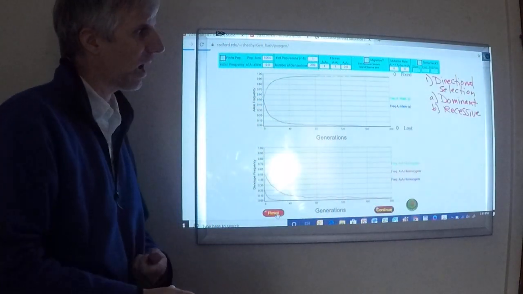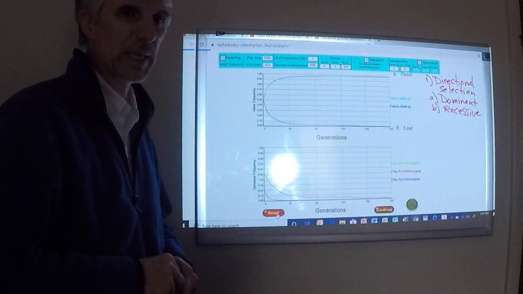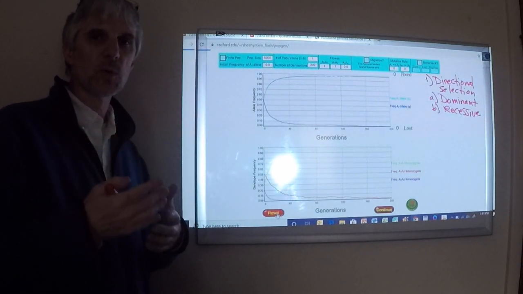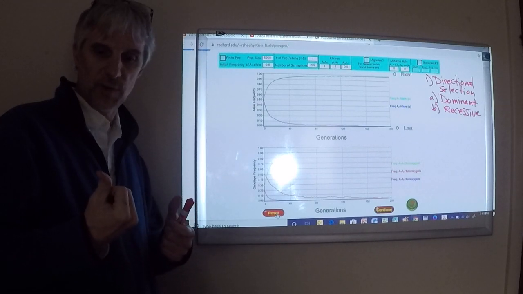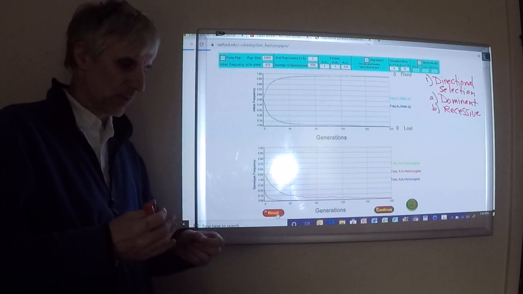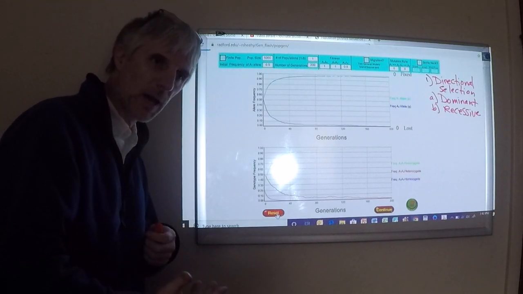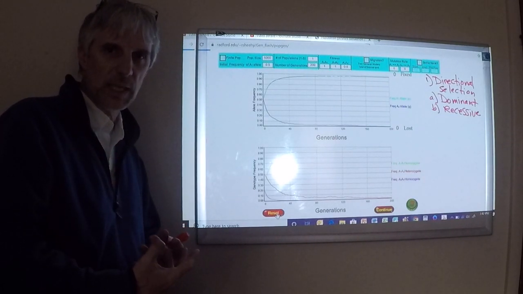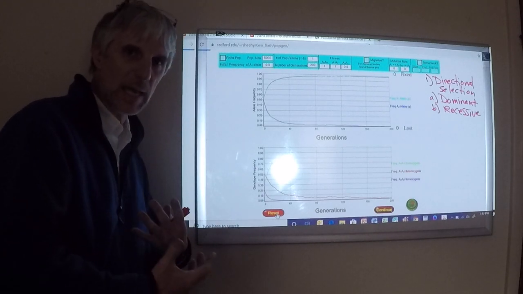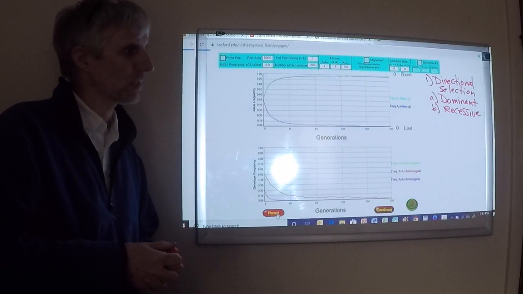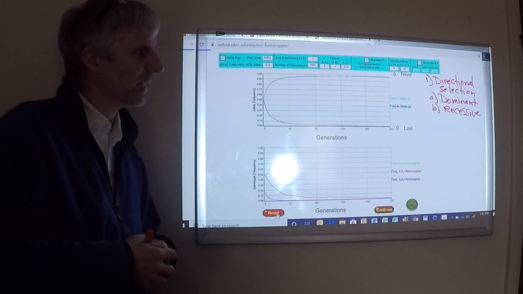When selection operates against the dominant, it appears to be able to remove that allele from the population very easily. When natural selection works against the recessive allele, it has a harder time because of masking. The heterozygote masks the presence of that recessive allele.